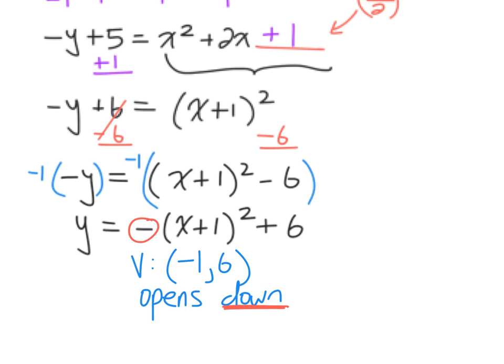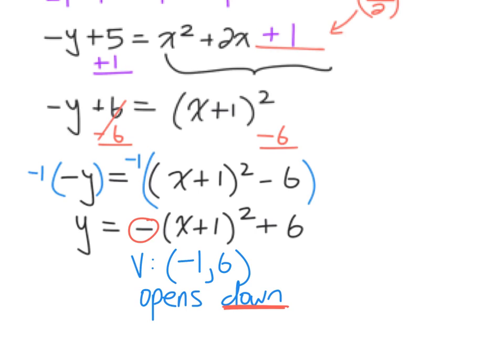Once you identify the a value as negative, regardless of what it is, you know it's going to open downward. For the vertex, you're taking the negation of the number inside the parentheses, and hanging on to the sign of the number on the outside.